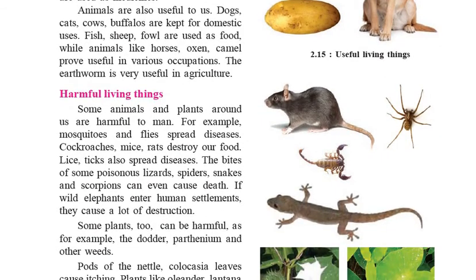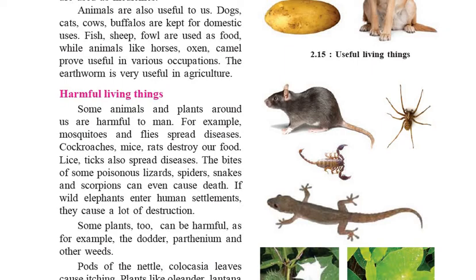Animals are also useful to us. Dogs, cats, cows, buffaloes are kept for domestic uses. Fish, sheep, fowl are used as food, while animals like horses, oxen, camel prove useful in various occupations. The earthworm is very useful in agriculture.